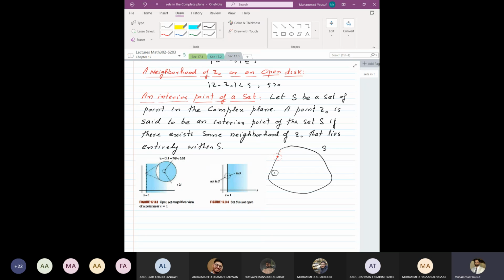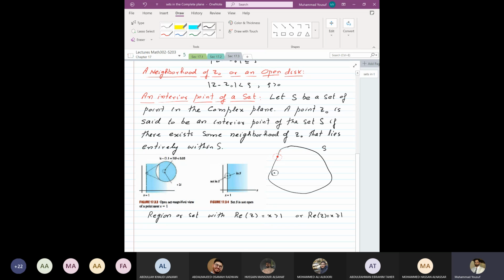It is the region or set with real part of Z, that is X, greater than 1, or real part of Z, that is X, greater than or equal to 1.